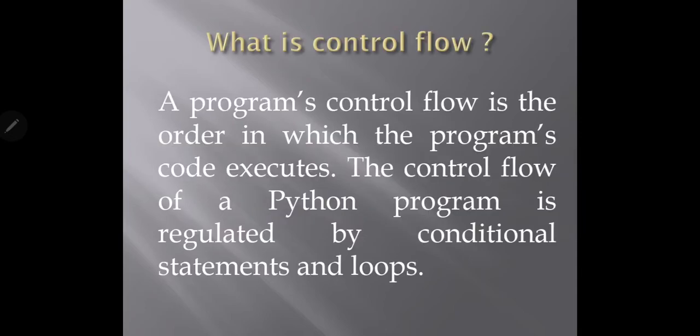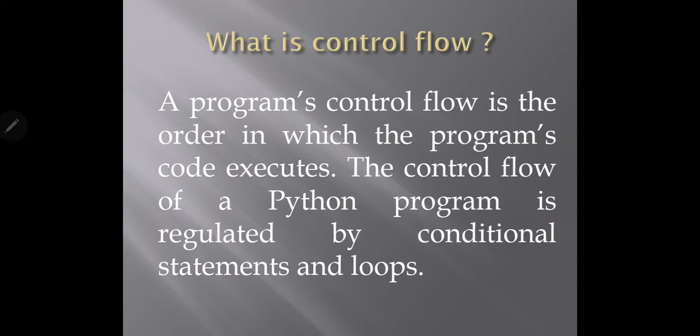First of all, we have to understand what control flow is. Actually, control flow is nothing, it's just the order in which the program's code executes. In Python, this control flow is regulated by certain conditional statements and loops.